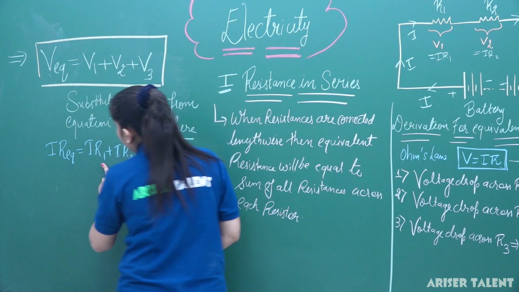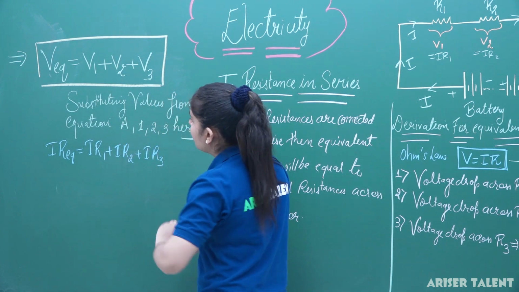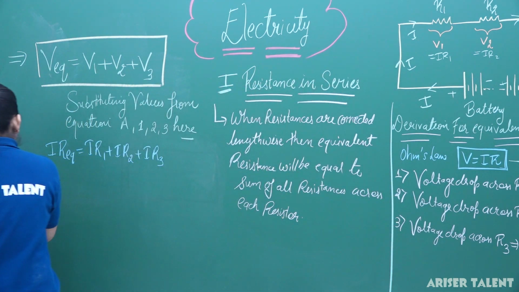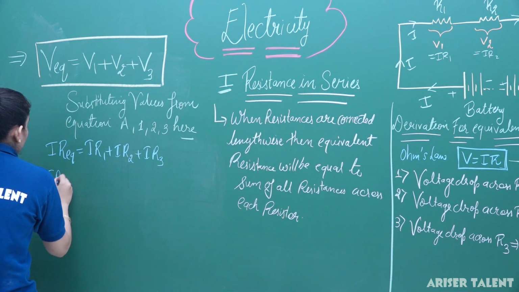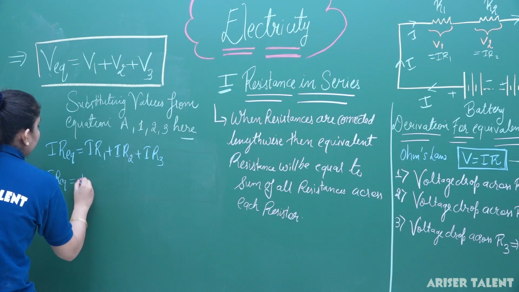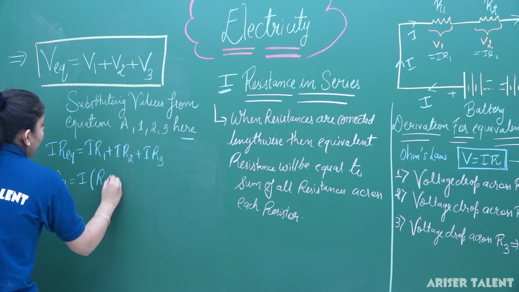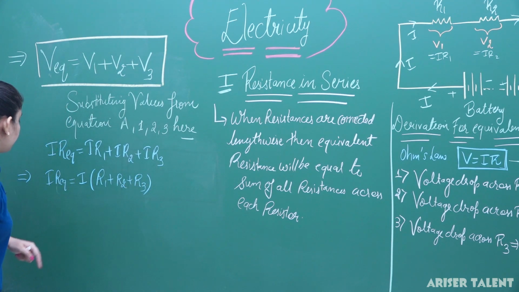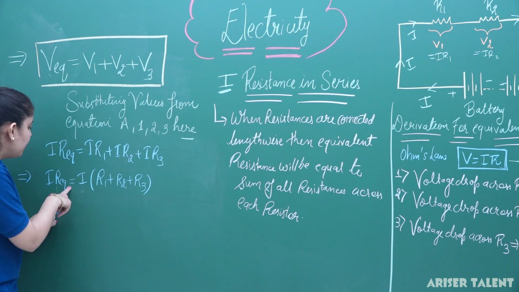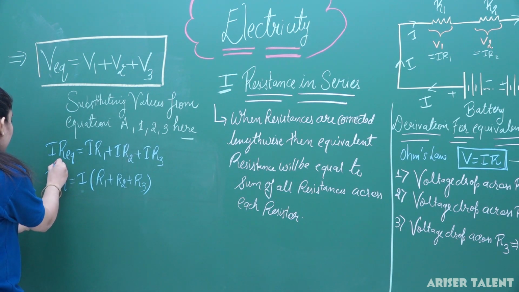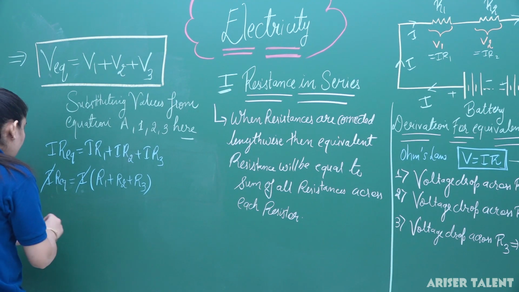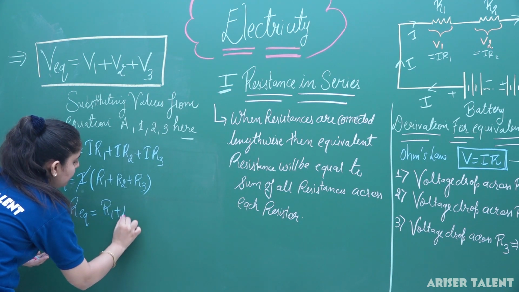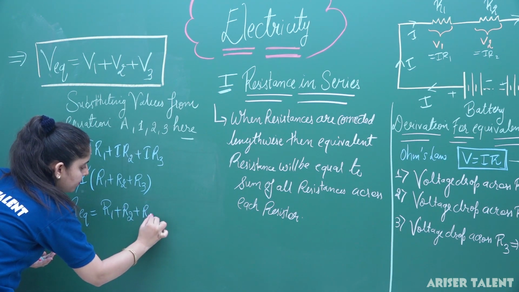Now, you can see that IR1, IR2, IR3, all these terms have an I common in them. So, we can write it as IR equivalent will be equal to I common, R1 plus R2 plus R3. Now, this is the equation on both the sides; I will be cancelled by I, and what I am getting here, R equivalent will be equal to R1 plus R2 plus R3.